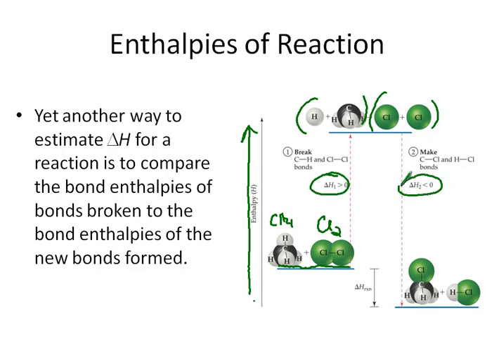Here you'll notice delta H is greater than 0, which means it's positive, which means this reaction is endothermic. Okay? This one is delta H is less than 0, so it is exothermic, okay, for your final reaction.